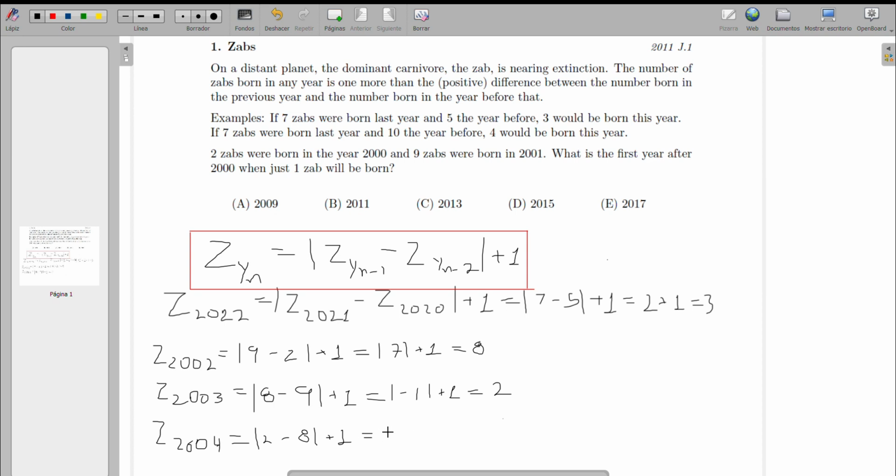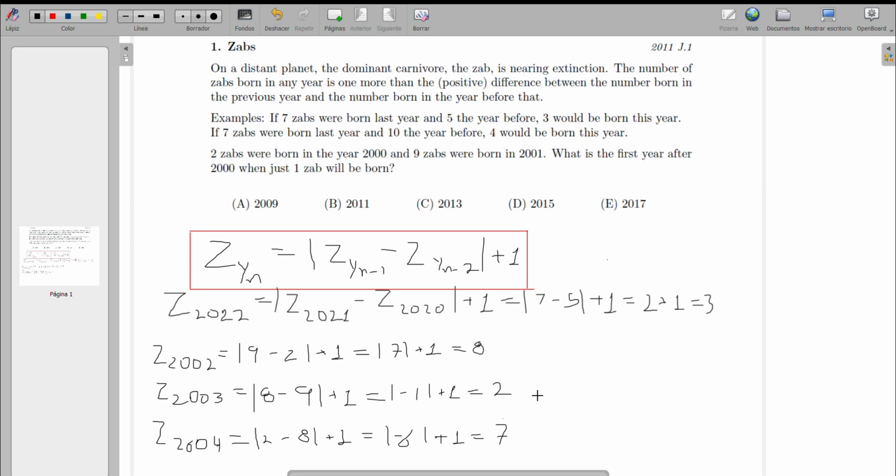And we have that the absolute value of minus 6 plus 1 equals 7.